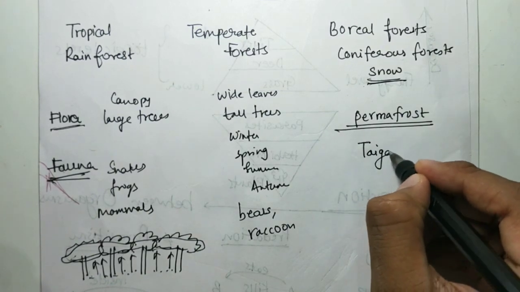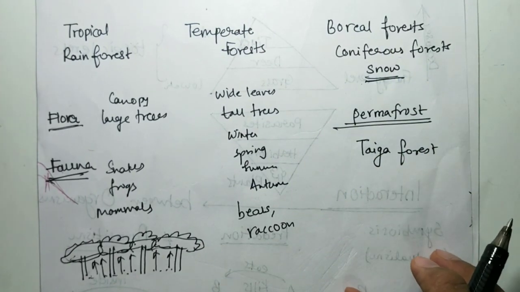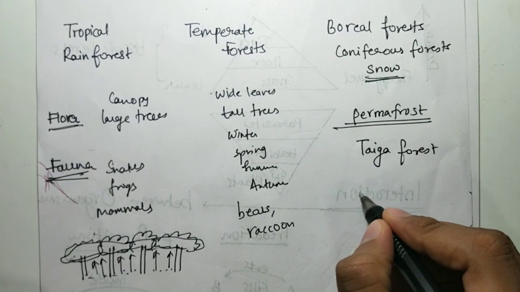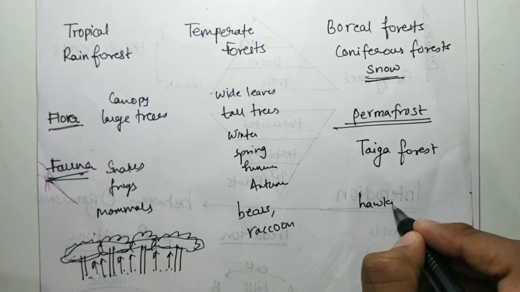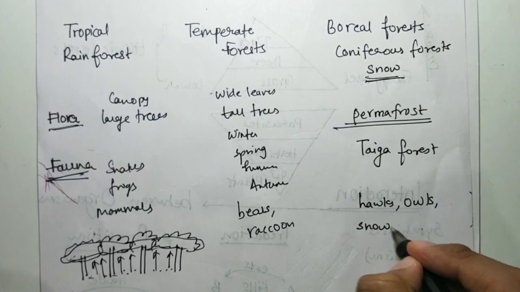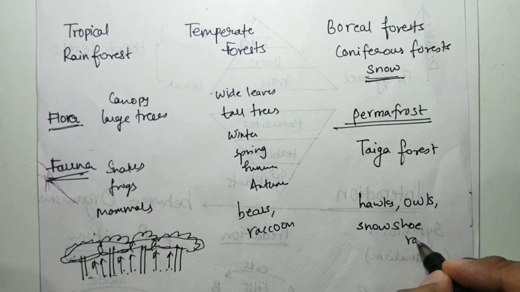The taiga forest is an important example of boreal forest. And what kind of animals are found here? There are hawks, owls, snow bears, snowshoe rabbits. These are types of rabbits. All these are found here.